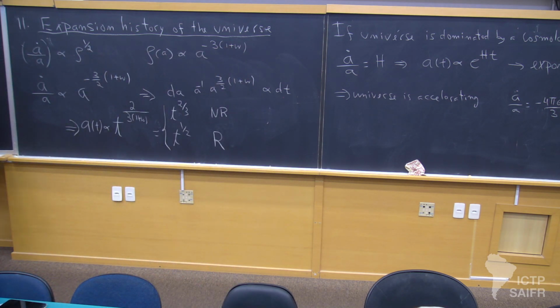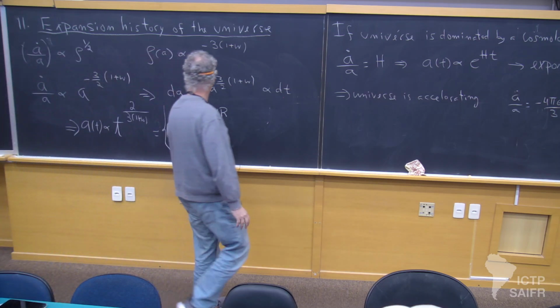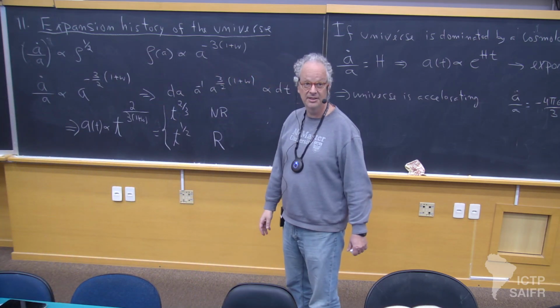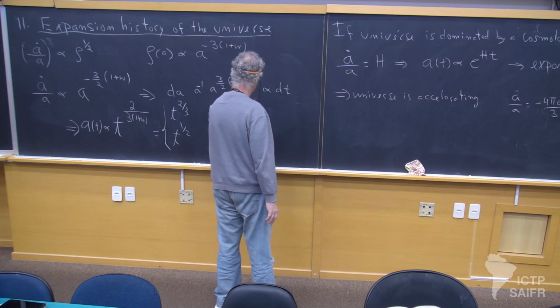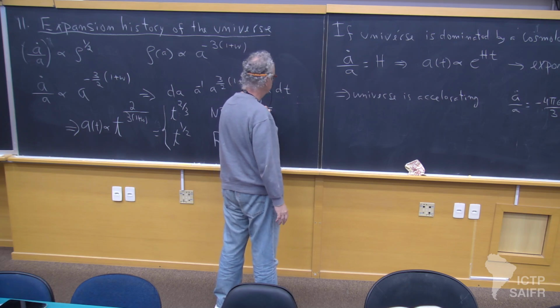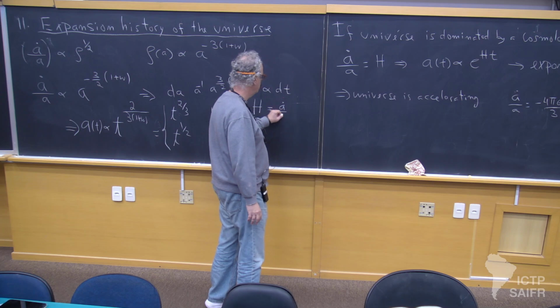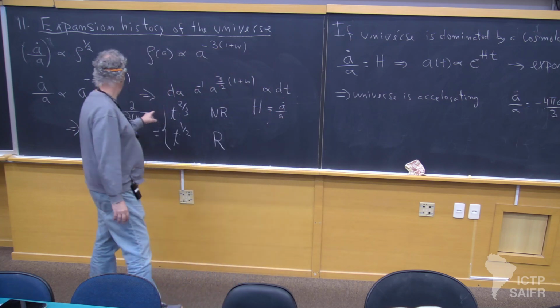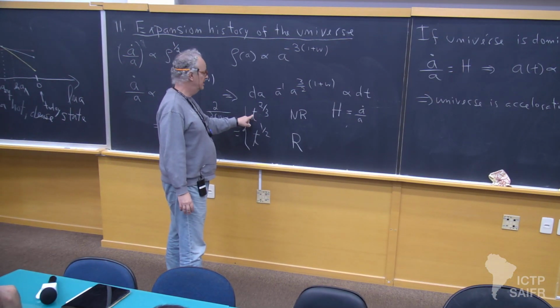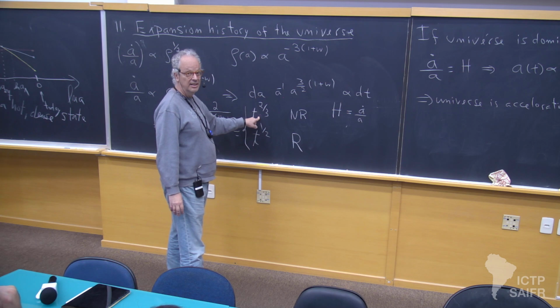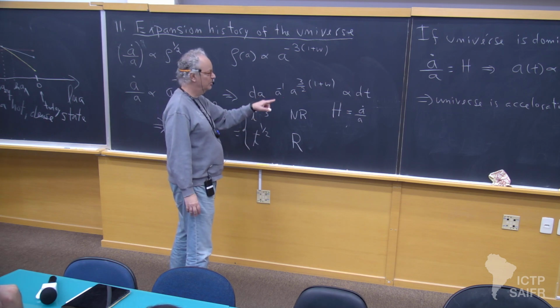The radiation dominates. The Hubble is a dot over a. If the scale factor goes as t to the 2/3, a dot is 2/3 of t to the 2/3 minus 1.